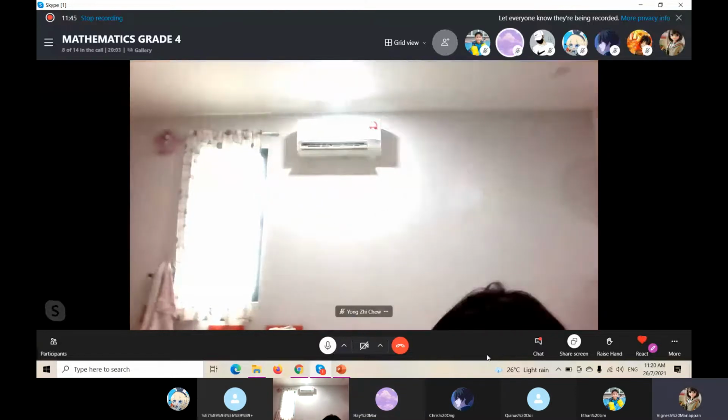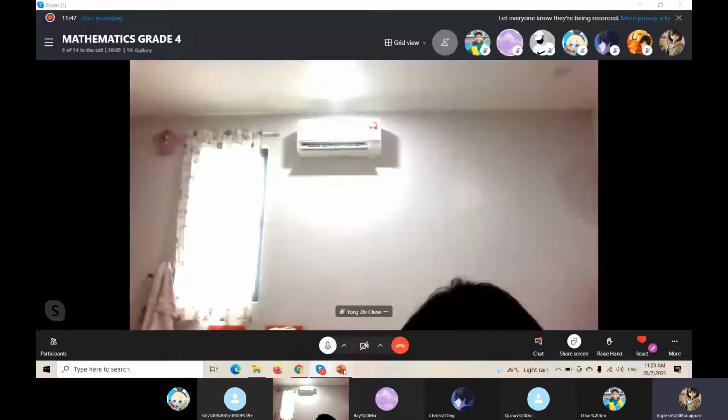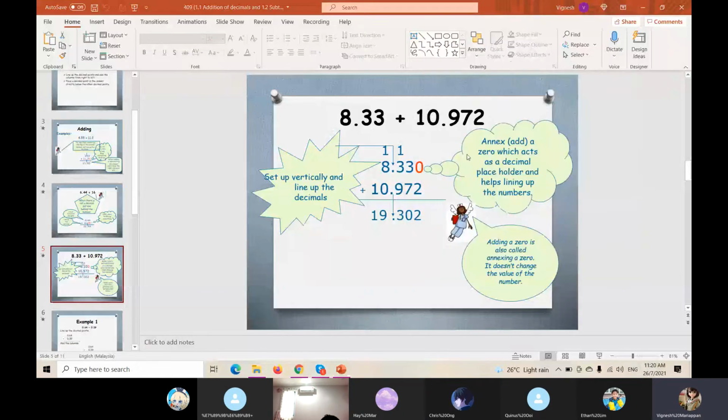Okay, so we move to example number 3 here. 8.33 plus 10.972. How to line up these decimal numbers? Can you all see how the teacher lines up the decimal?